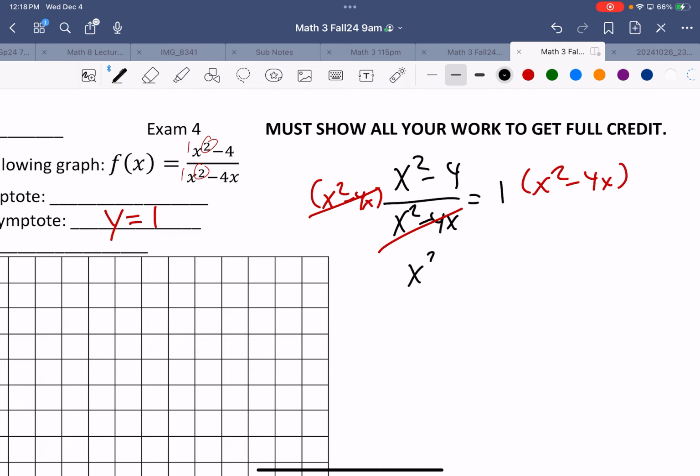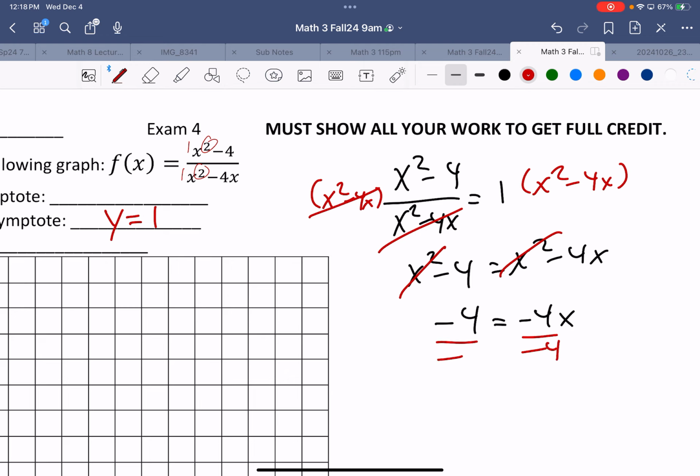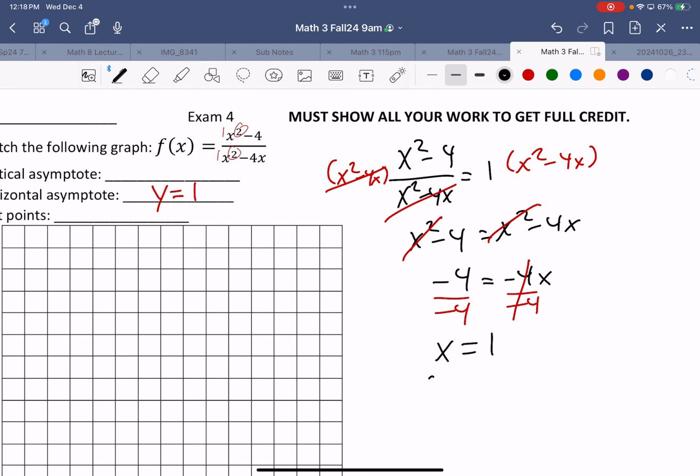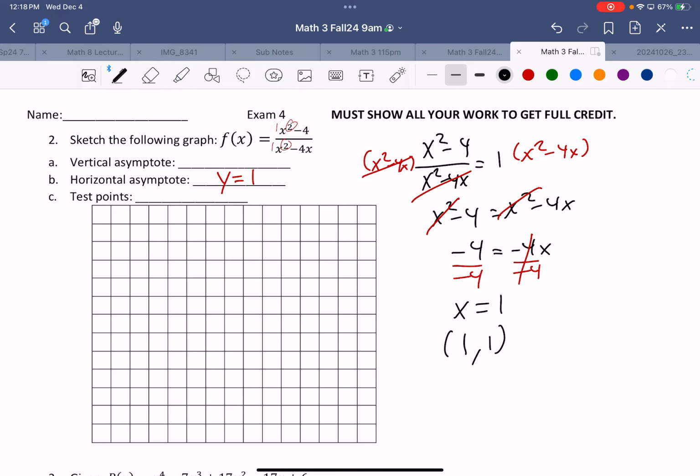On the right, it's x squared minus 4x, which, same as before, these will cancel out eventually. And then I'm left with -4 equals -4x. And I divide by -4 to both sides. I get x is equal to +1. So that means I actually found an x coordinate and my y coordinate is 1. I found a point where my graph will cross the horizontal asymptote.